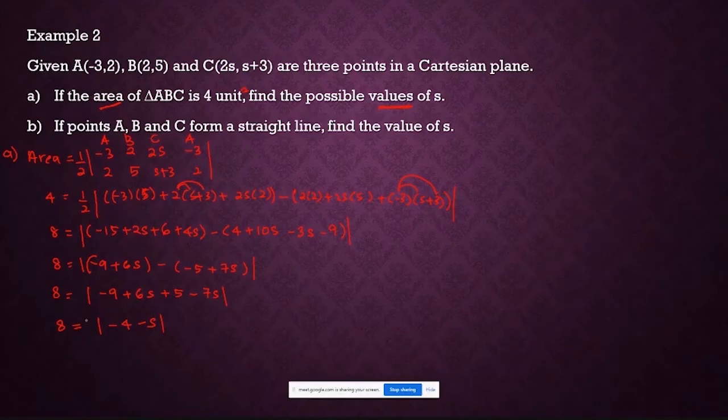Since here it is a modulus, it is possible we have two values.